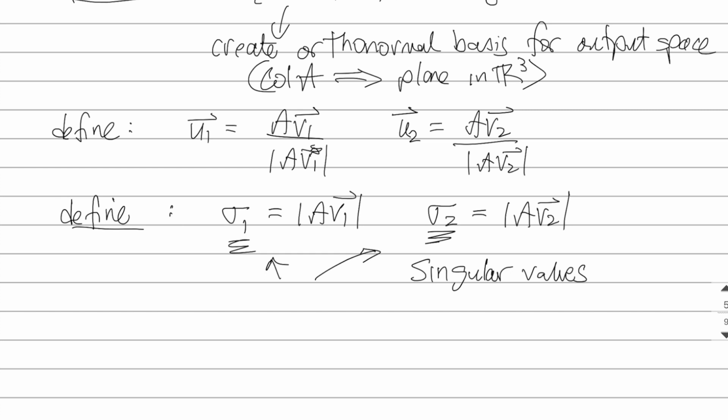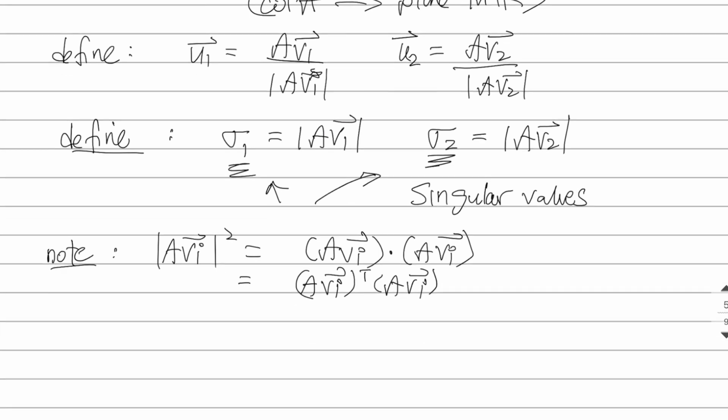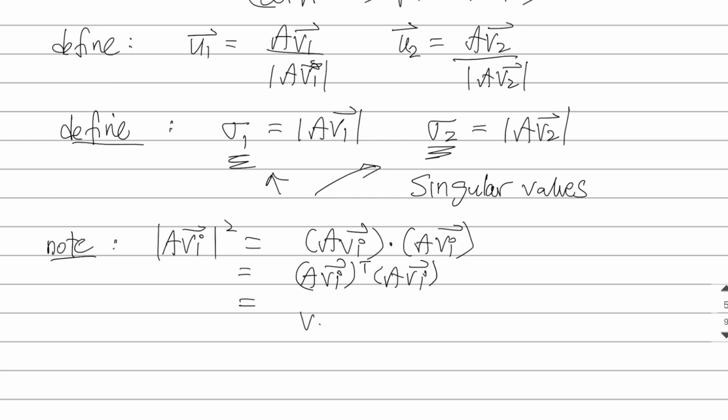Now, just as a little note, if I were to take the length of any one of those vectors and square it, that's like saying AVi dotted with itself. So we're going to play the transpose game again. We're going to go AVi transpose multiplied with AVi, and we will reverse the order as we've been doing several times up to now.